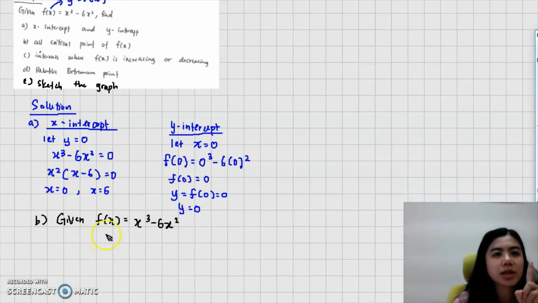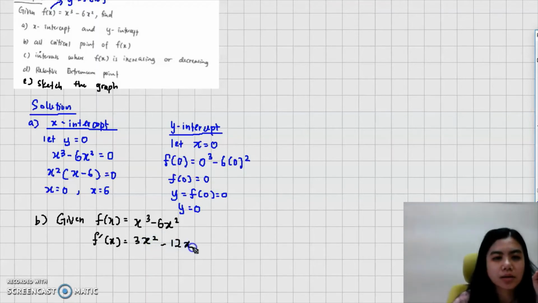The first thing that you should do is find f prime. F prime means that you have to differentiate with respect to x. So in here, what we have is 3x squared minus 12x. That is what we have for f prime.